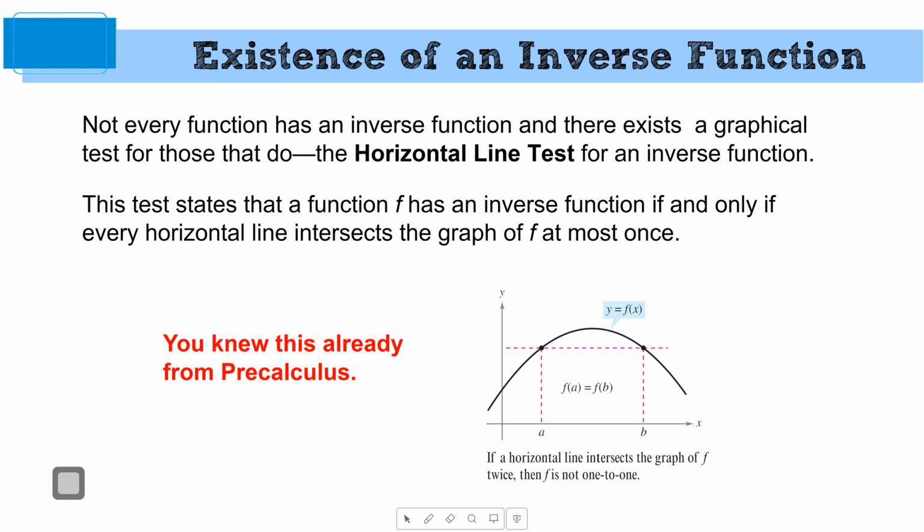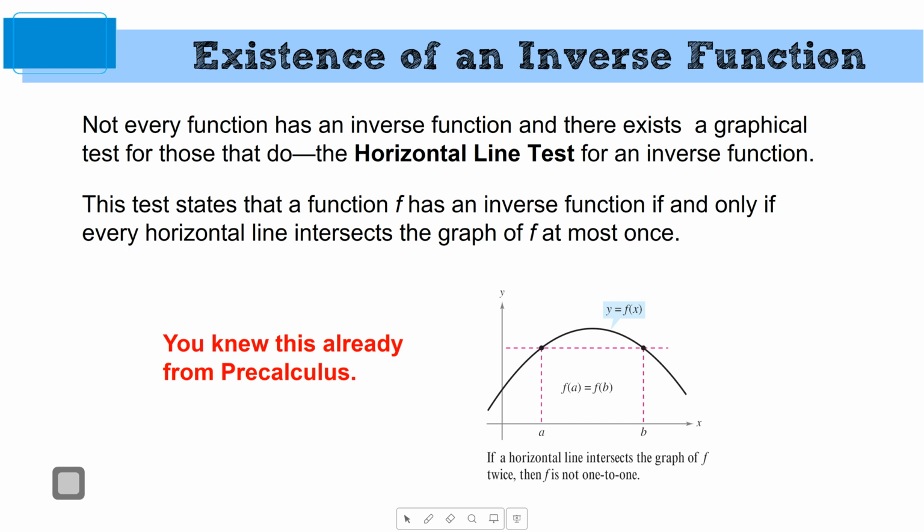As I mentioned earlier, all functions have inverses, but not all of those inverses are functions, and we want to deal with inverses that are functions. To do that, we're going to learn two methods. One you already know, or should already know. The other is new because it involves calculus. One method, if you have a picture of a function, is the horizontal line test.